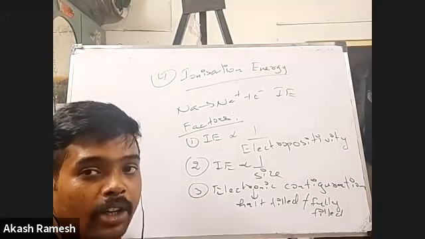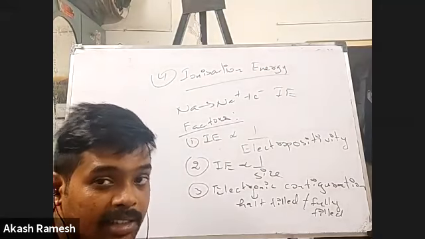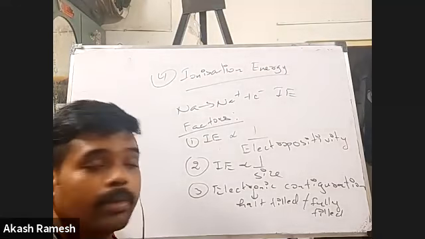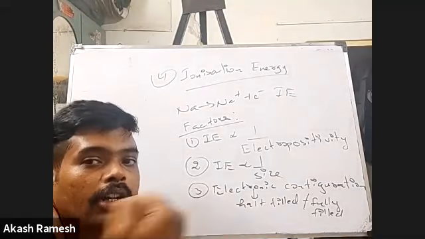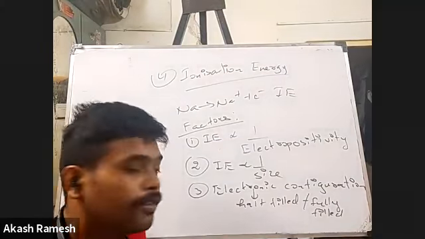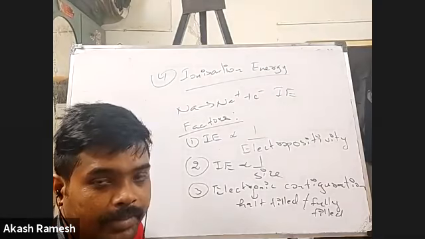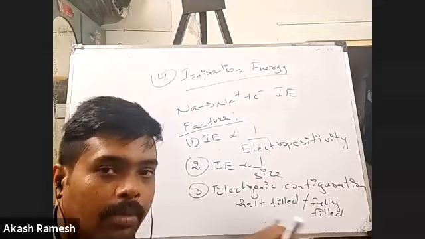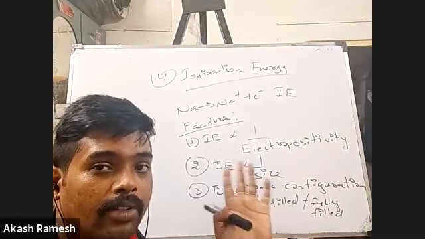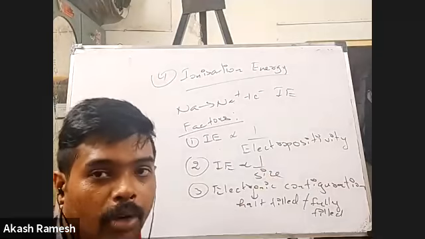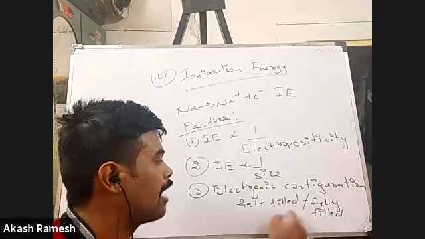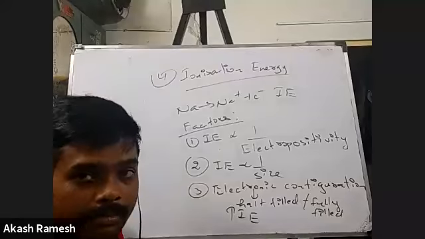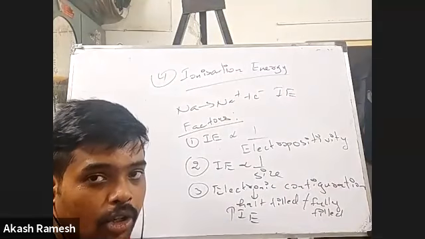Whenever you have a half-filled configuration, I told you that the atom is going to be a little stable, isn't it? So please understand, whenever you have half-filled stability, it is a little difficult for us to remove the electron. And obviously fully filled stability is still more stable than half-filled, right? At that time, to remove an electron, I have to supply still more energy. So whenever you have half-filled or fully filled stability, I have to supply more ionization enthalpy, more energy for the electron to come out, right?